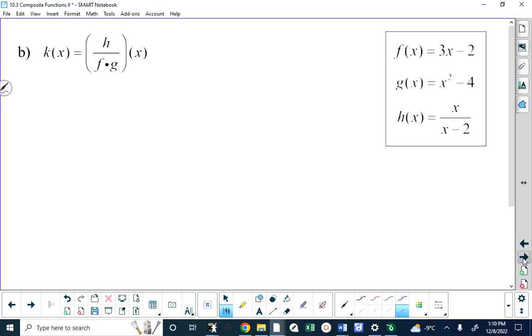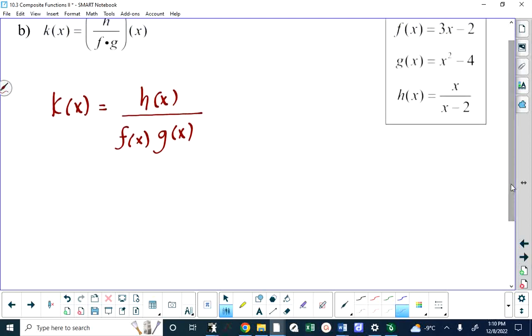What is h over f times g of x? Well, that simply means h of x over the product of f of x and g of x. So I think this question is going to give us just a little bit of a workout with fractions.